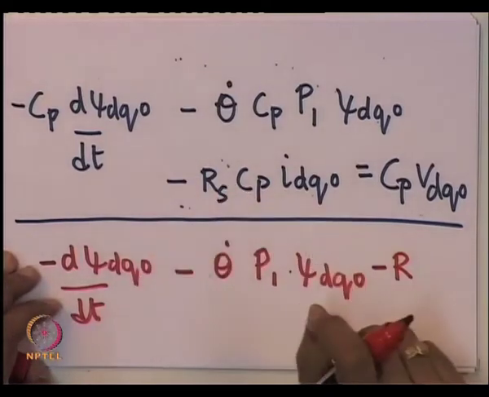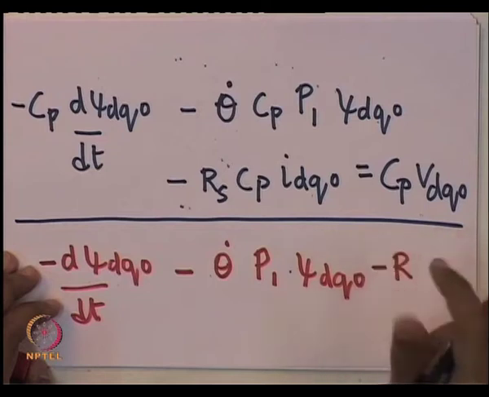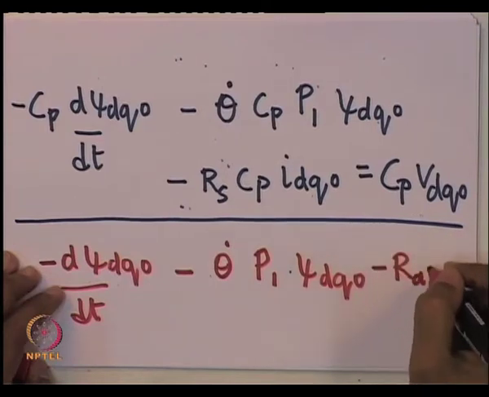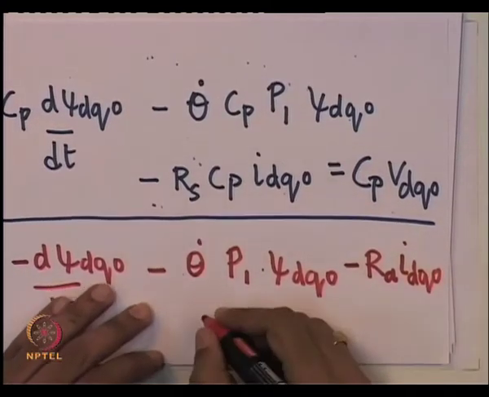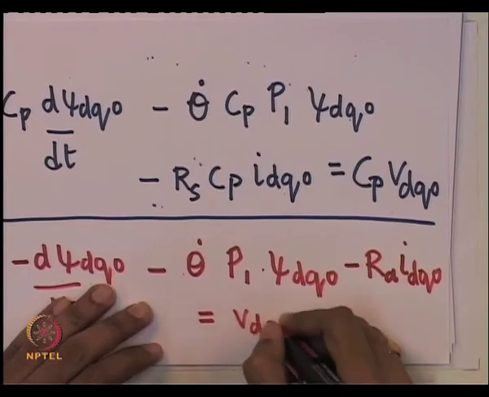Of course, if all the coils are identical, I can just say Ra into I dq0 is equal to V dq0.